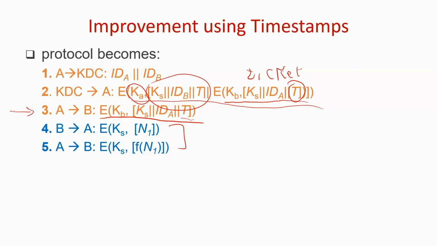Another problem is the timestamps require synchronization among the clocks of all the entities so that they make sense. When the KDC generates a timestamp for this exchange in step 2, it sends it to both A and B. So now A and B know how long this exchange will last. But in order for this exchange to make sense, they have to be seeing the same time.